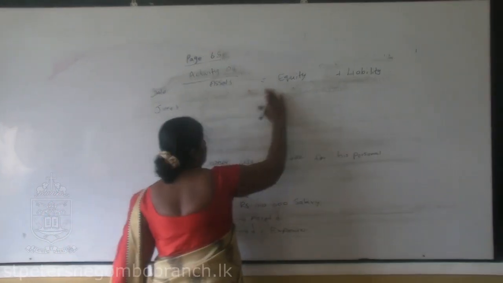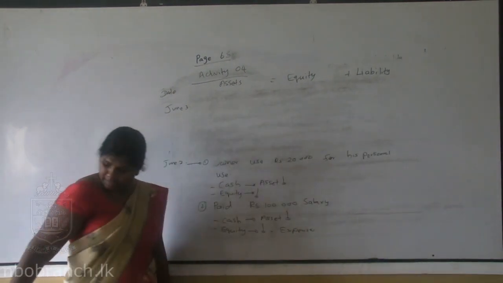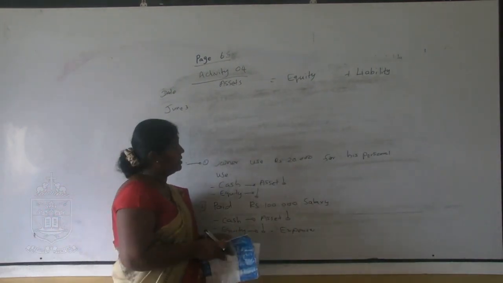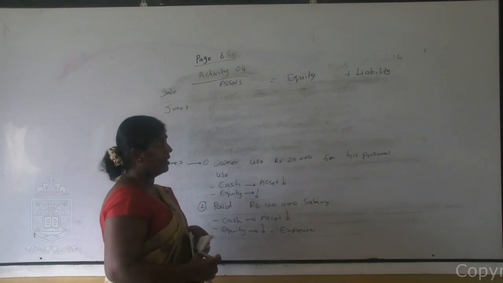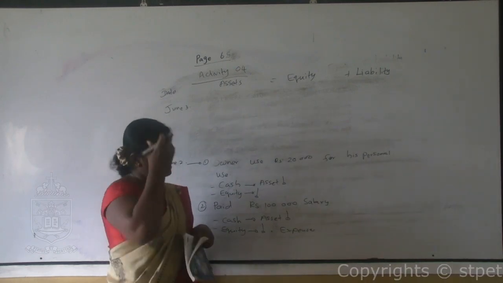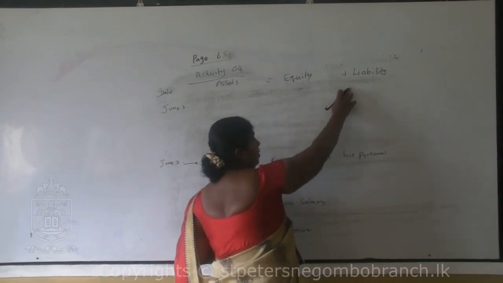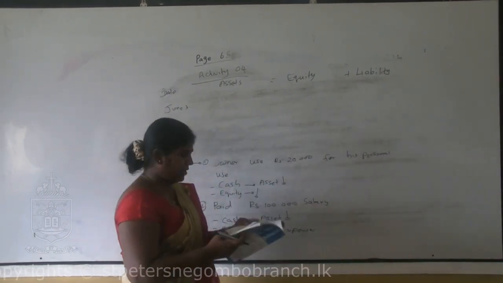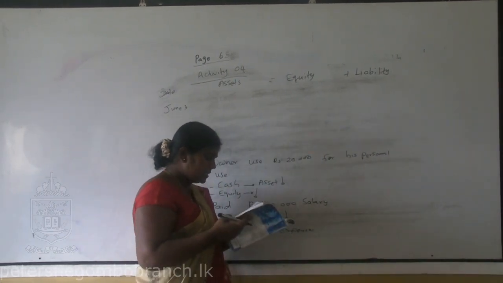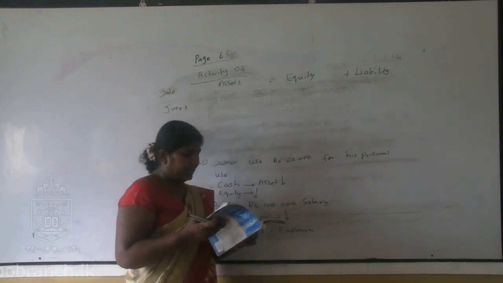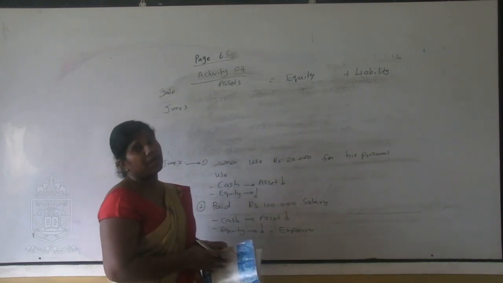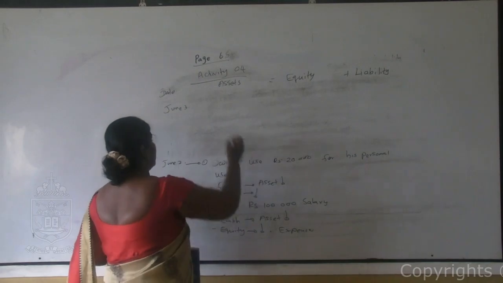Think of one transaction about this. By obtaining a bank loan, what will happen to the assets? Definitely cash will increase, and the bank loan liability will increase. So here according to this theory, asset increase, liability increase by obtaining a bank loan.